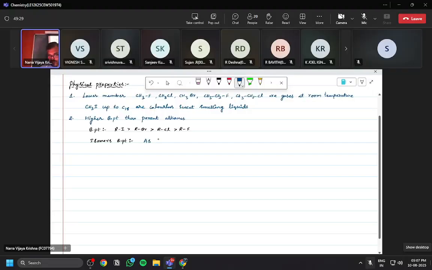So as chain length increases, boiling point increases. So primary alkyl halides generally will have higher boiling points than secondary, than tertiary.